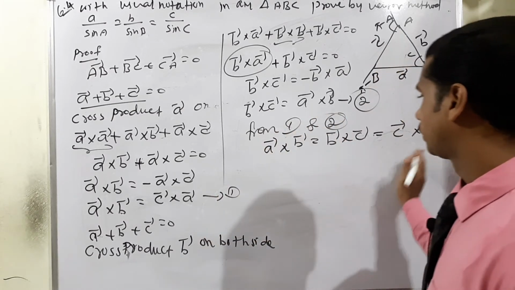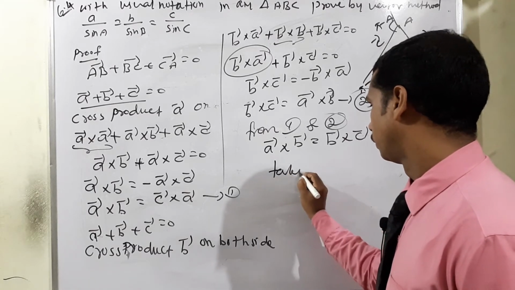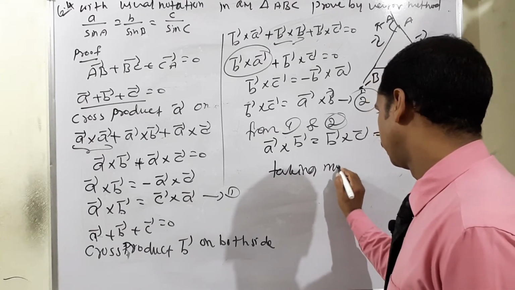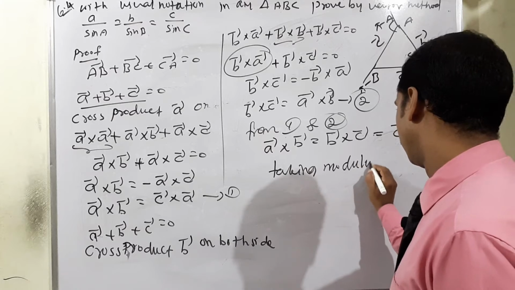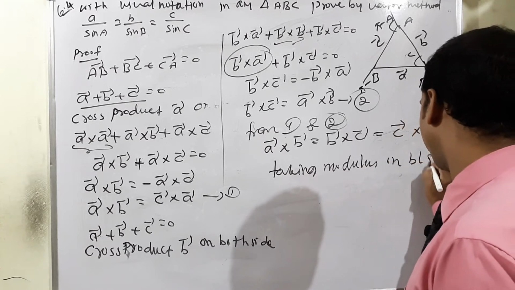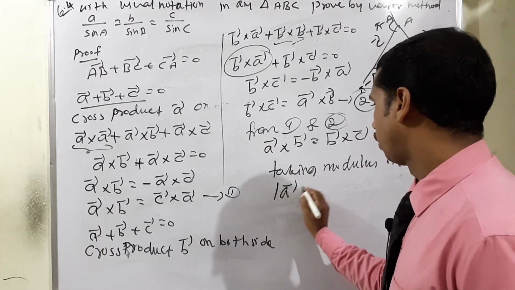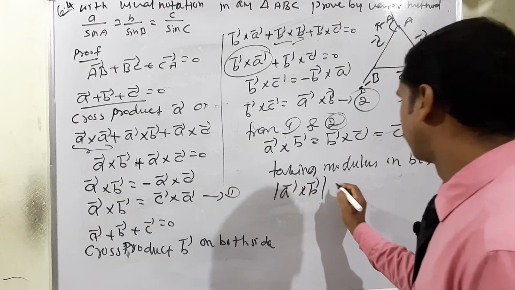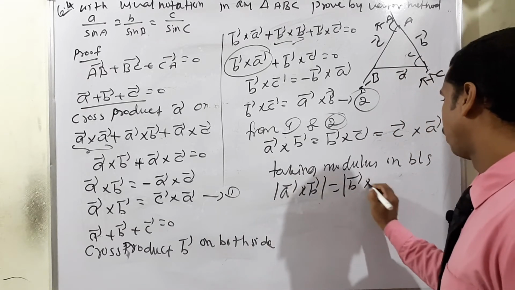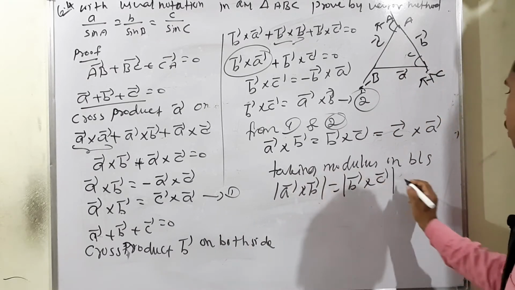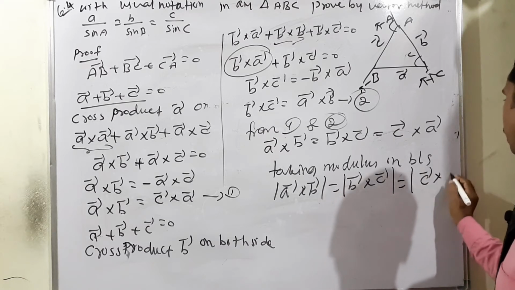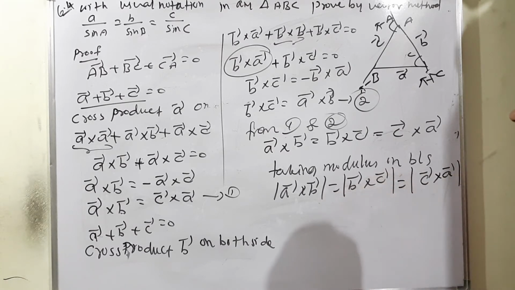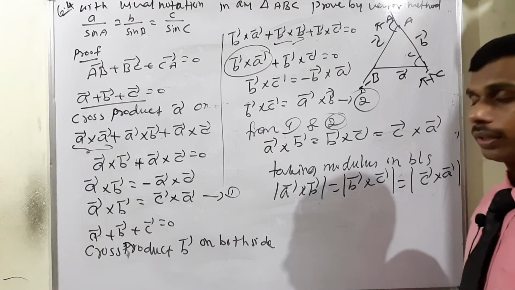Then taking modulus on both sides, what will happen? Modulus of a vector cross b vector is equal to modulus of b vector cross c vector is equal to modulus of c vector cross a vector. Already we know the cross product formula.